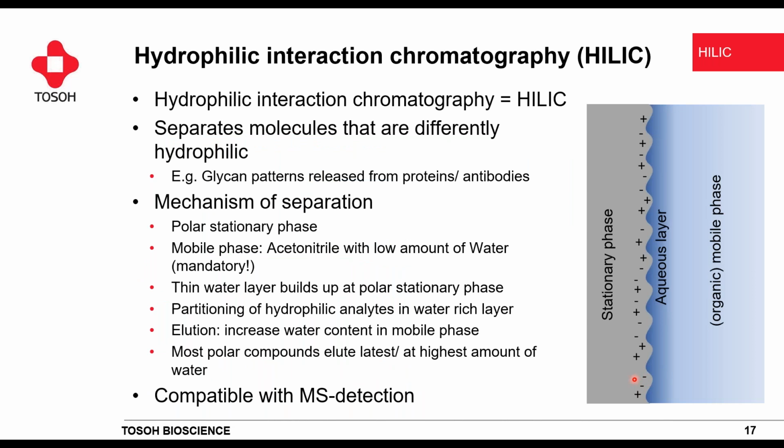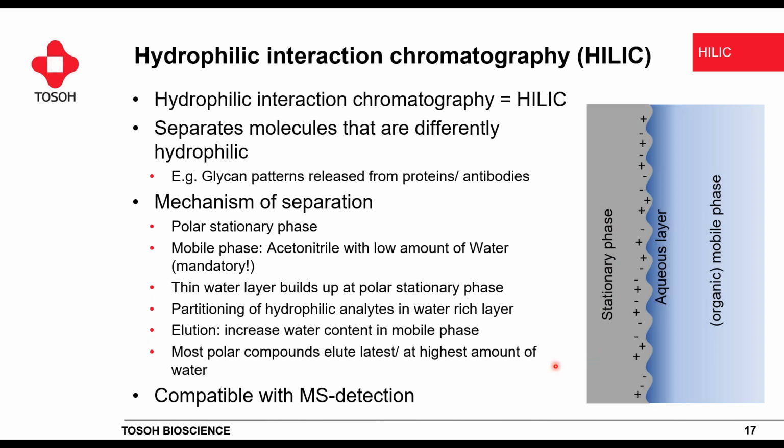Another mode that I want to speak about is hydrophilic interaction chromatography. I already told you it separates molecules that are differently hydrophilic. This could be, for example, different glycan patterns that are released from proteins or antibodies. So in HILIC, we have a polar stationary phase. This is here in gray. And the mobile phase is acetonitrile with a low amount of water.